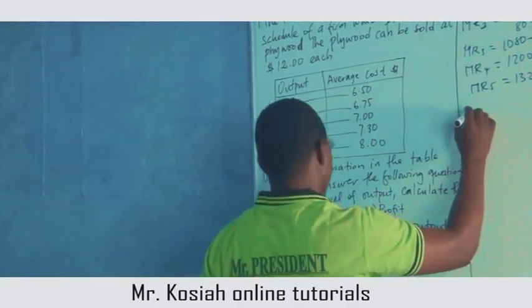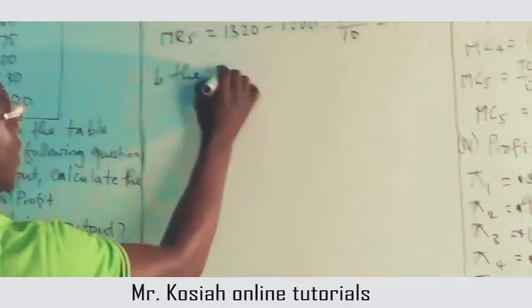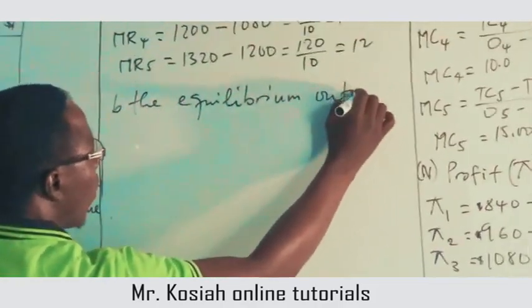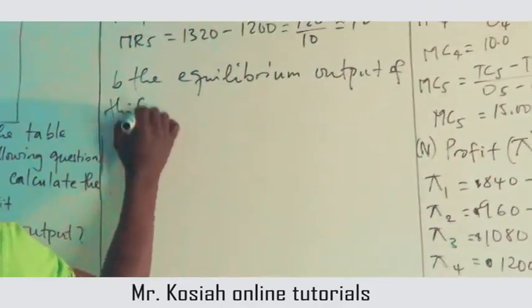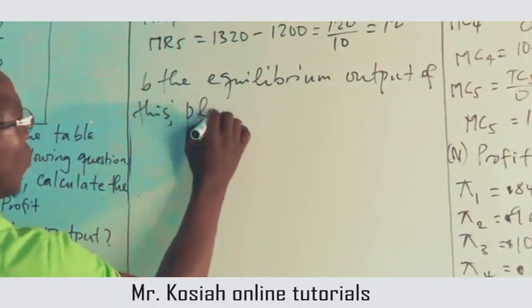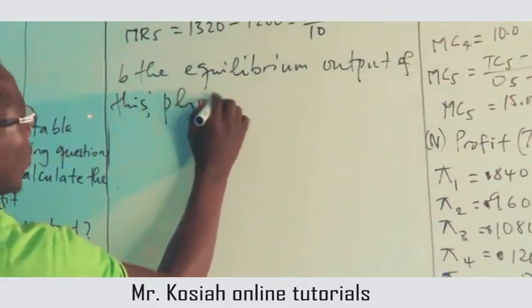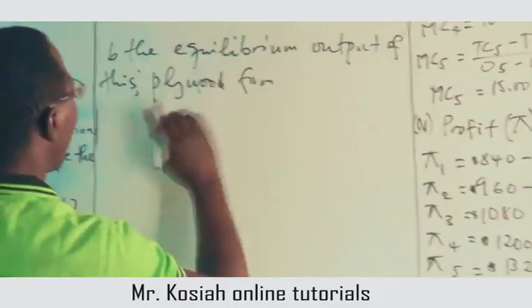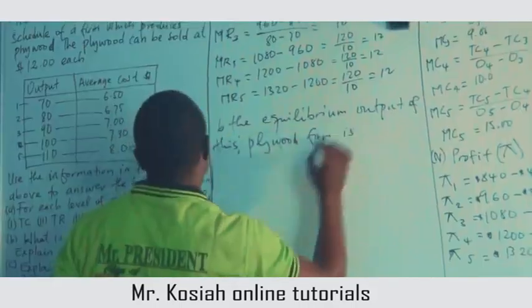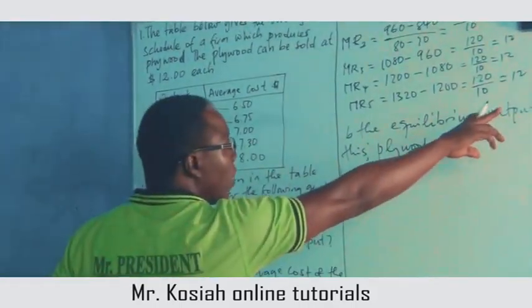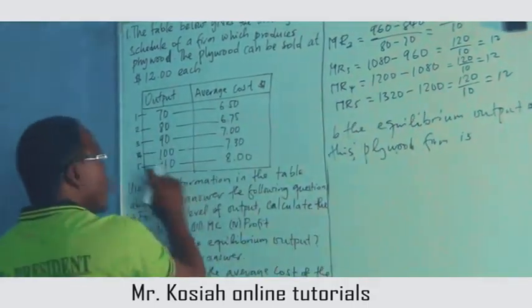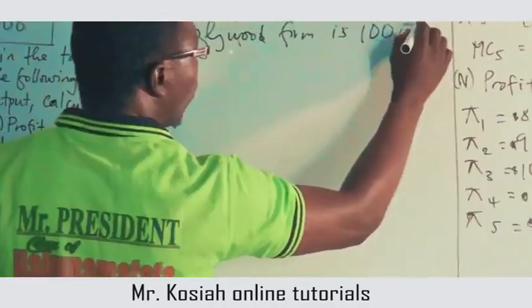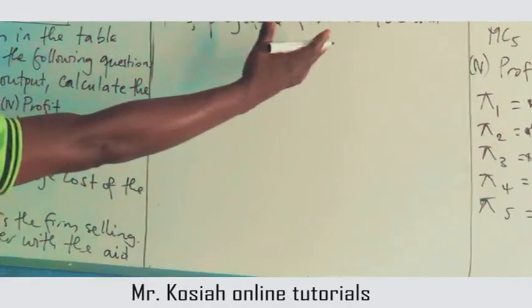The equilibrium output of this plywood firm is, of course, at the marginal cost 4, which is the output of 100 units, or we can say 100, so on and so forth, because it is not in money.